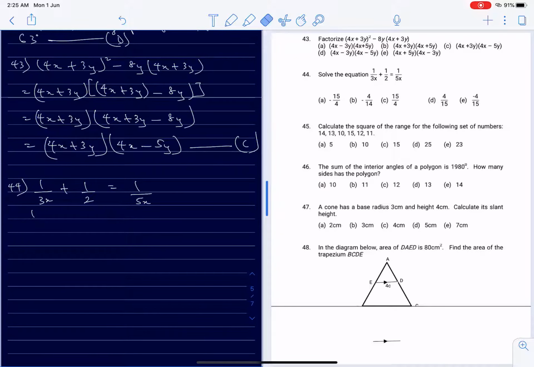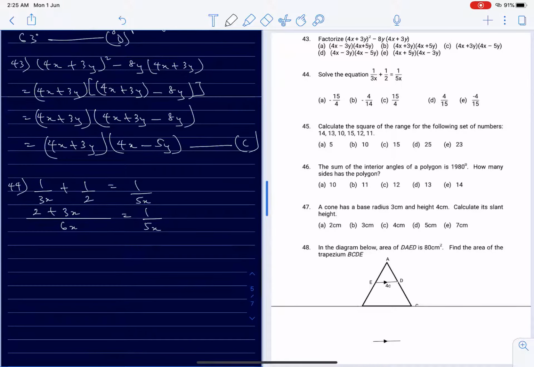Anyway, I think we can just go by adding the fractions on the left hand side. The LCM of the denominators on the left hand side is 6x. 6x divided by 3x is 2 times 1 is 2, plus 6x divided by 2 is 3x times 1 is 3x, equals 1 over 5x.